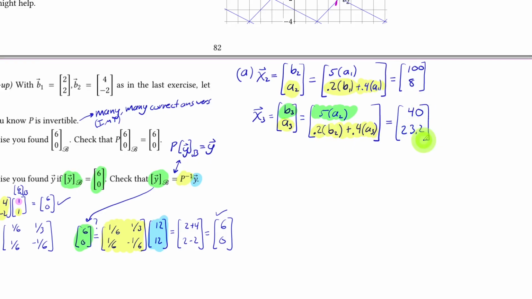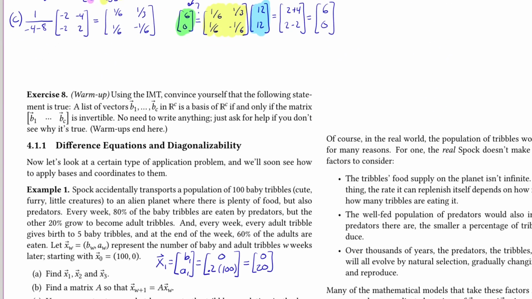So now we have 40 babies and 23.2 adults. And I know you can't really have 0.2 adults, but just to smooth out the math, let's just say there's 23.2 adults.